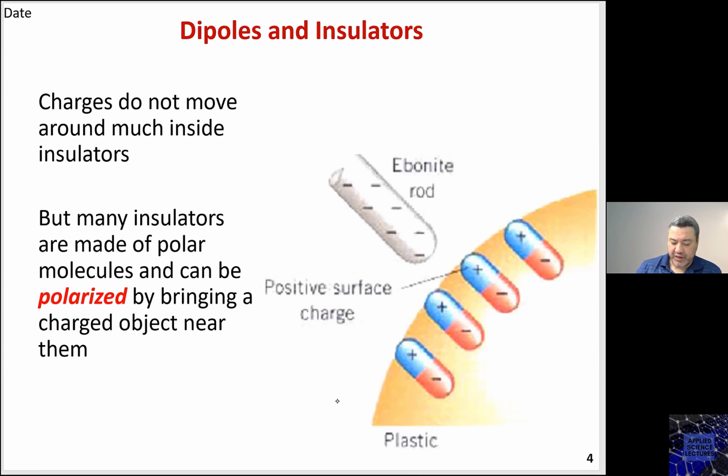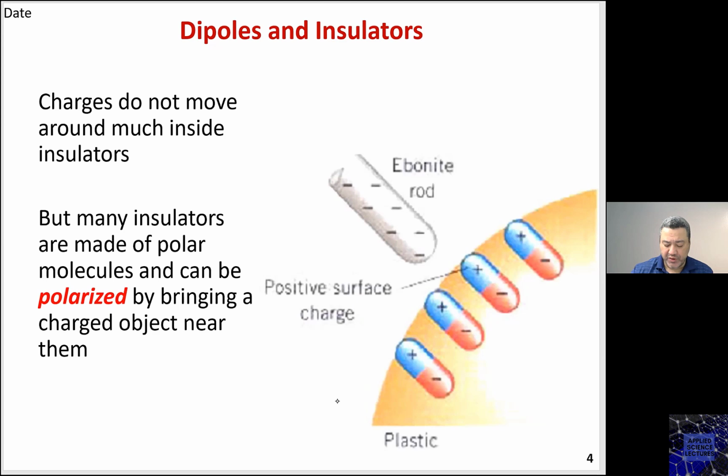Dipoles and insulators. If you bring a charged rod closer to an insulator surface, we have seen that this charged rod is going to polarize this insulator, causing the charges right at the surface to be polarized, such that the positive will be turning toward the negative charges, while the negative ones will be pointing away.